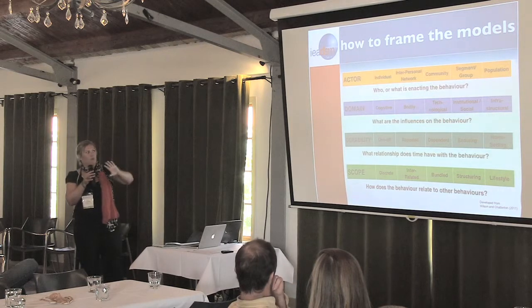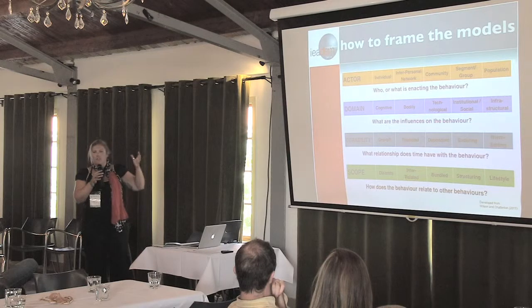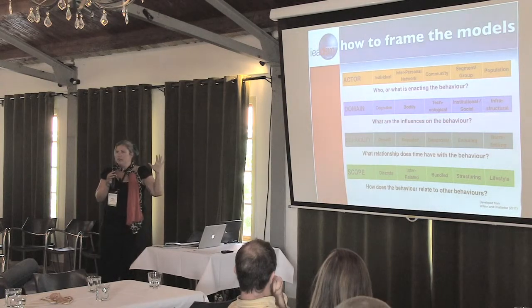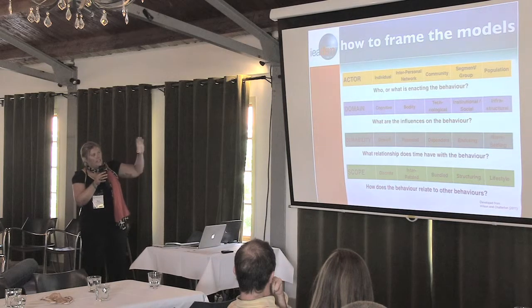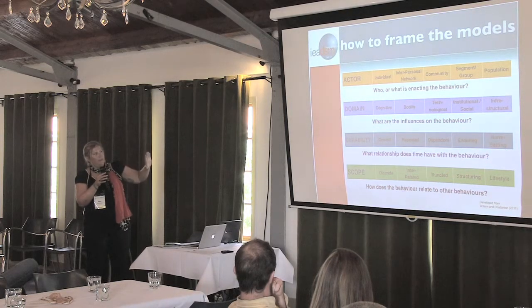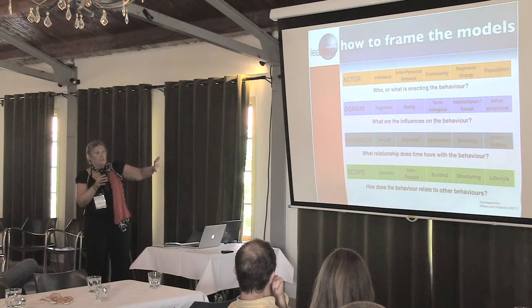Tim has worked with policymakers in the UK government, so this is supposed to already make sense to the people in the room who are working in policy. It looks at 4 main things: who's enacting the behaviour, what are the influences or the contexts in the behaviour, what relationship does it have with time, and then what's the actual scope.